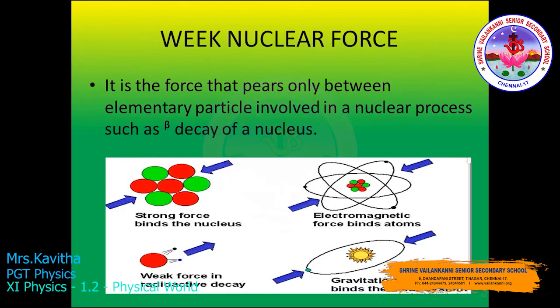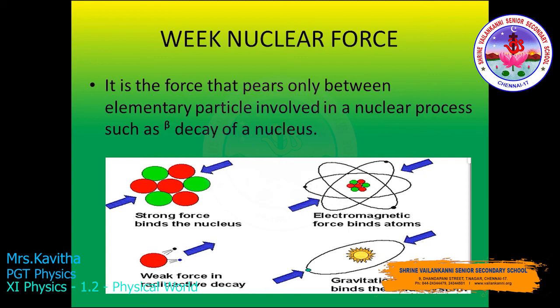Next one is weak nuclear force. Weak nuclear force is a force that appears only between elementary particles which are involved in nuclear processes, such as the beta decay of a nucleus. For example, in a beta decay, the nucleus emits an electron and an uncharged particle called neutrino.